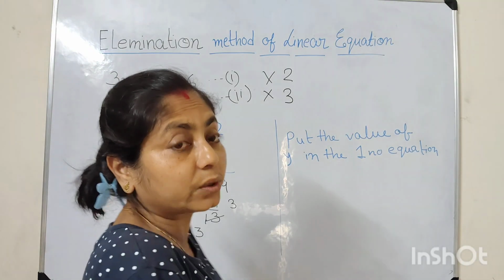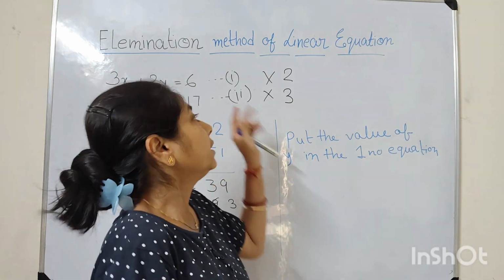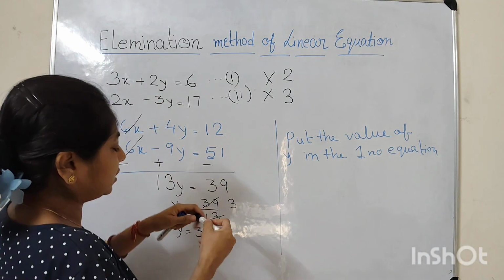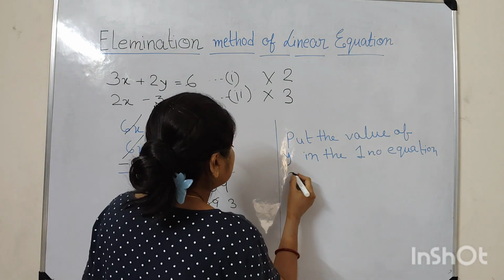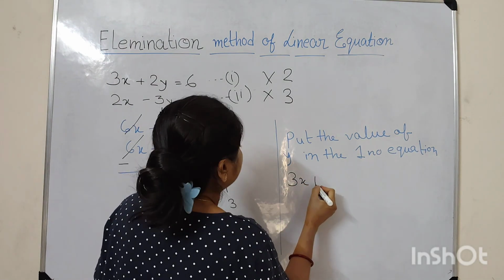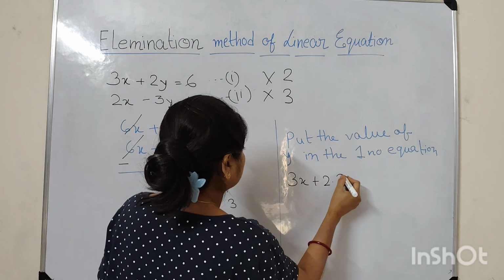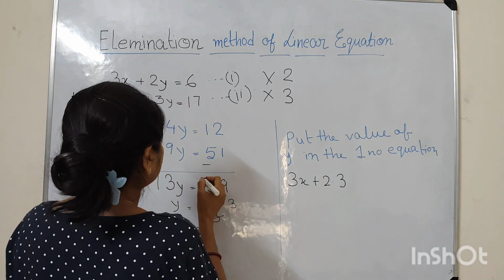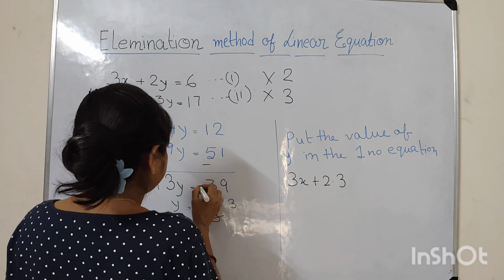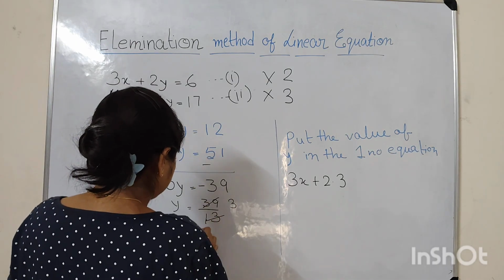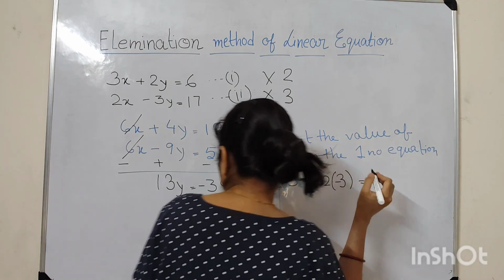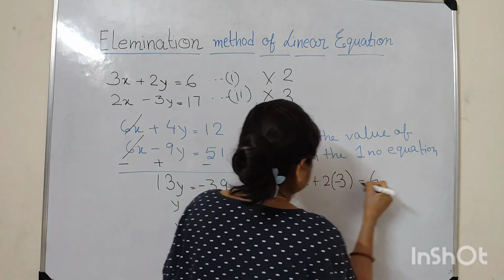It is our original equation. You just put the value in that equation. 3x plus 2 into 3. And one more thing, there is a minus coming because 51 is minus. So minus 3 is equal to 6.